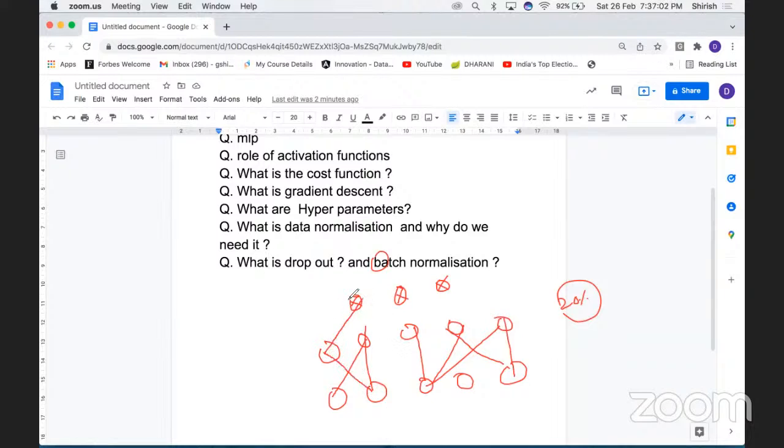If you have one neuron in the next layer, you connect to this dense network, but you leave the rest of the 3 neurons. We randomly drop out a set of nodes at each training step.